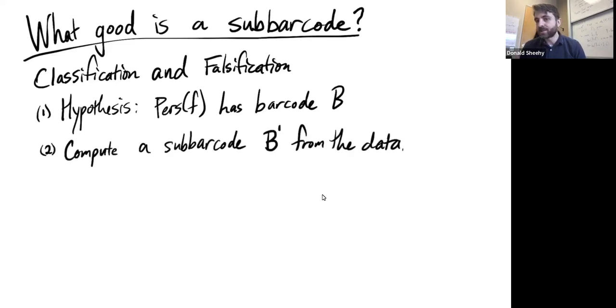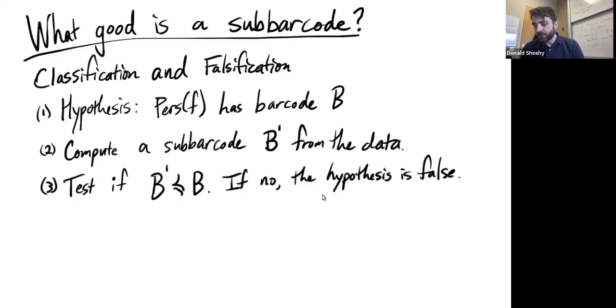If I could compute a sub-barcode straight from the data, I could check to see if that sub-barcode I computed is in fact a sub-barcode of the ground truth, right? So I can check if B prime is contained in B. And if not, then the hypothesis must be false, because if I had a guarantee that it really is a sub-barcode according to the data, that's how I can falsify this hypothesis.